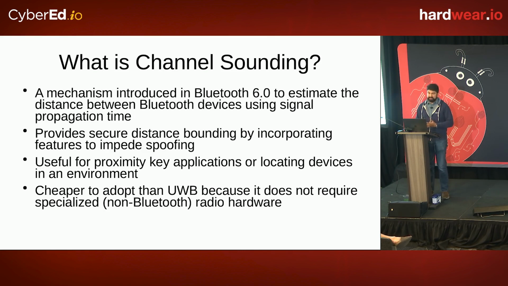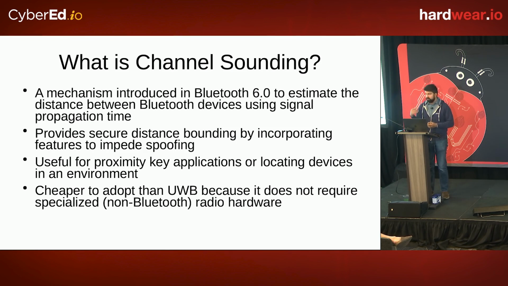It aims to provide secure distance bounding between devices using measures with pseudo-random values based on a shared secret to block attempts at spoofing devices. It's designed for applications that require securely determining distances between devices and preventing people from impersonating devices being closer together than they really are. One common use case for this is phone as a key systems.